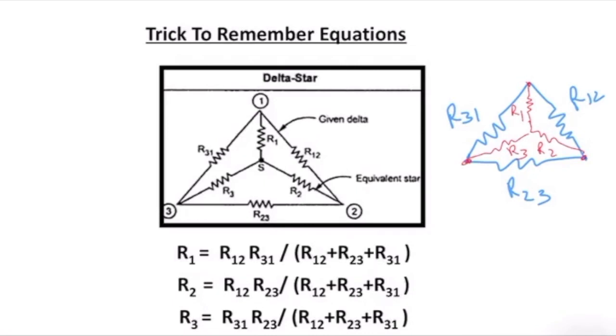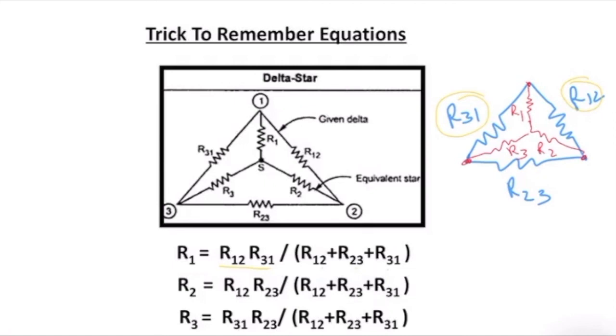So if you want to calculate the value of R1, the formula for R1 will be the multiplication of adjacent elements. That means for R1 you will multiply R12 and R31, divided by R12 plus R23 plus R31.